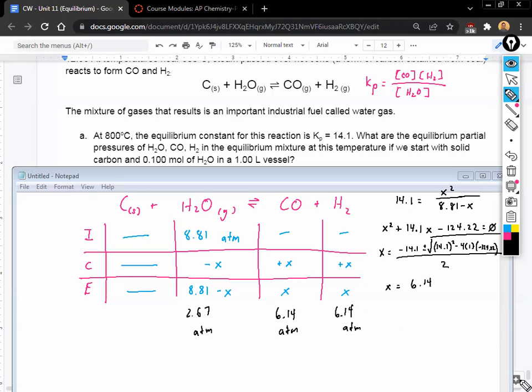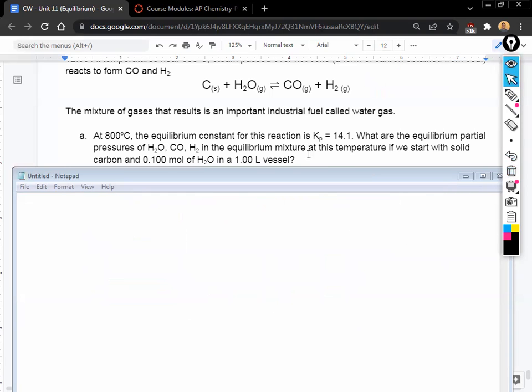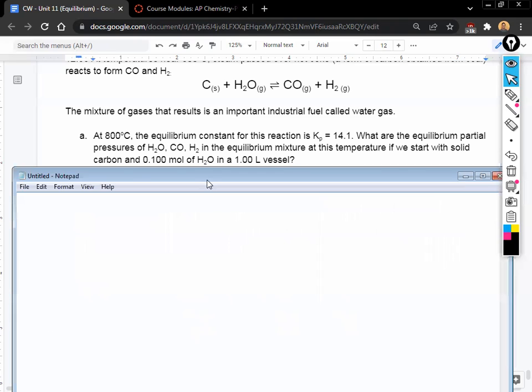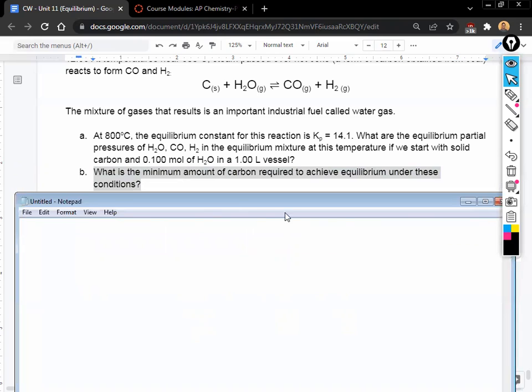All right, let's move on to the next part, part B. So part B, what is the minimum amount of carbon required to achieve equilibrium under these conditions? And so basically we're trying to figure out how much carbon we need in order to get to this equilibrium.